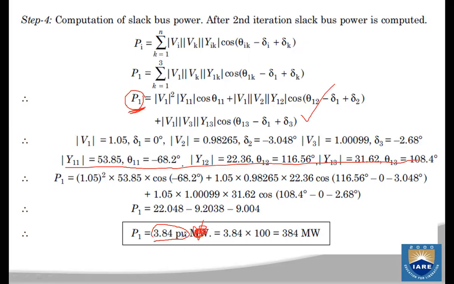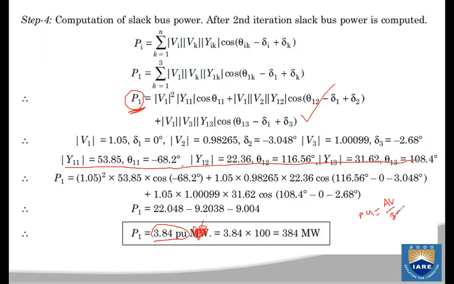Suppose you want to calculate P1 in megawatts, then you have to convert the per unit value into actual values. In general, per unit value is equal to actual value divided by base value.